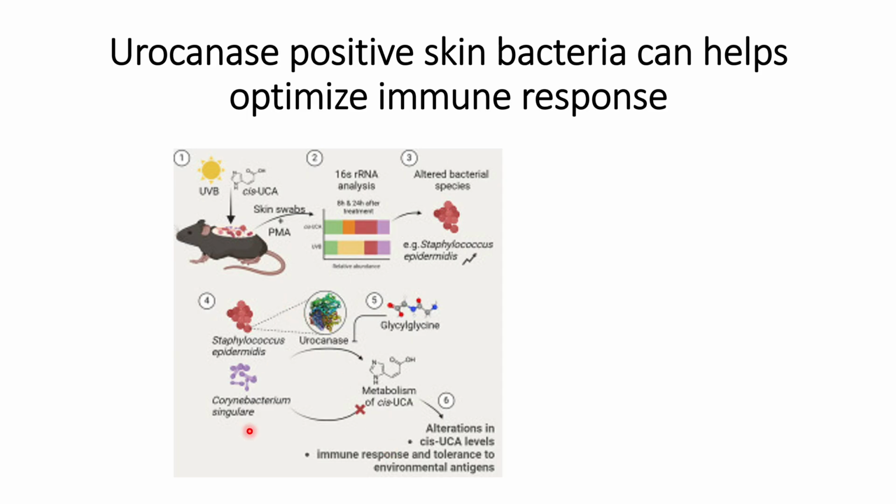And these things have been identified, or these experiments have been done on mice, and so the results of this paper can be used as a first step towards developing a strategy to optimize immune response on the skin of patients.